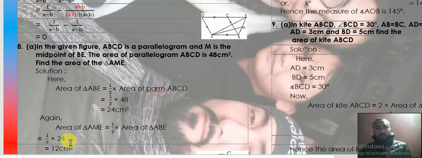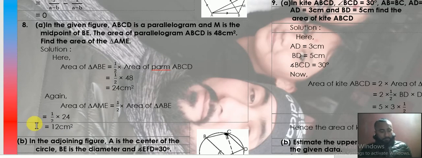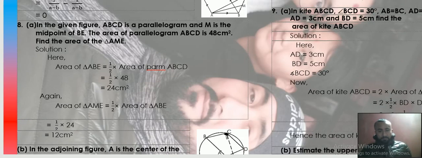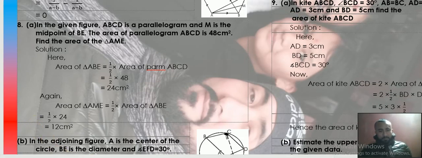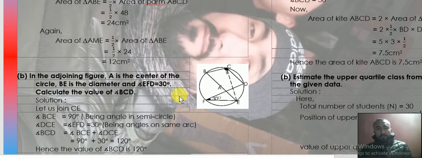So we write here area of triangle AME is equal to half the area of triangle ABE, that's equal to 12 square centimeters.